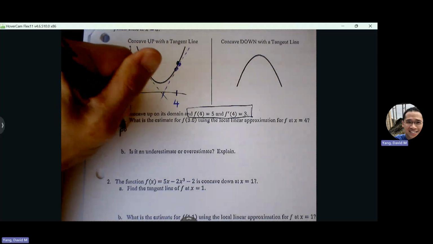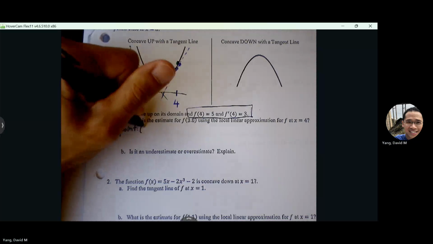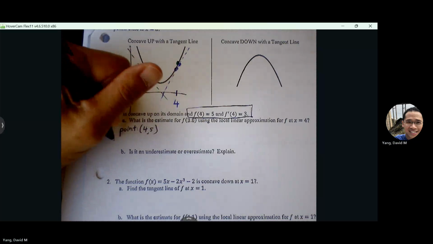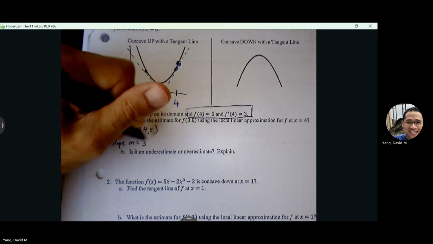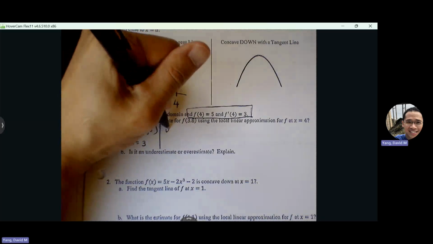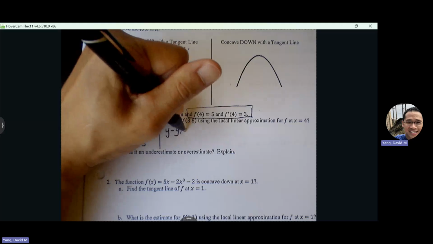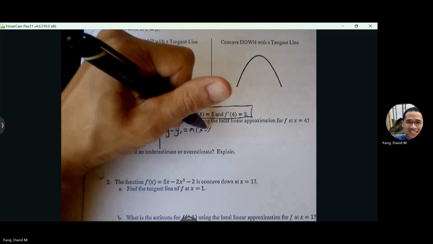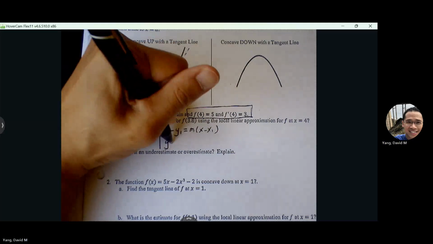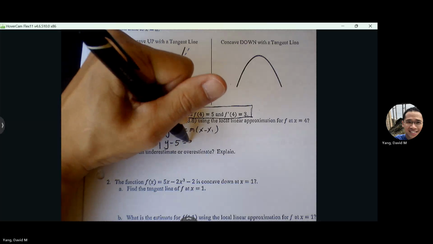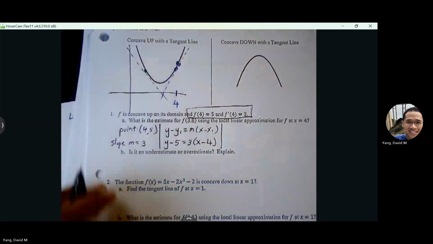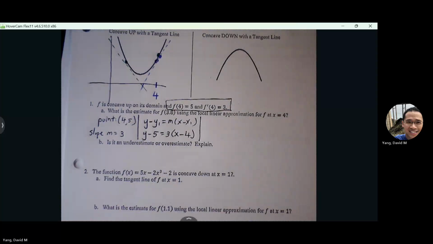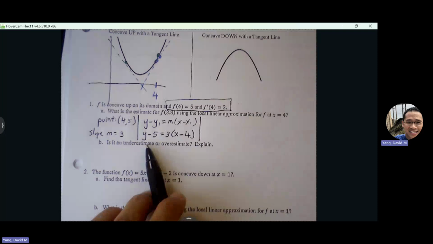So we have our ordered pair. We have our slope. And then we just put that tangent line equation into point slope form. All right, this is easy, right?